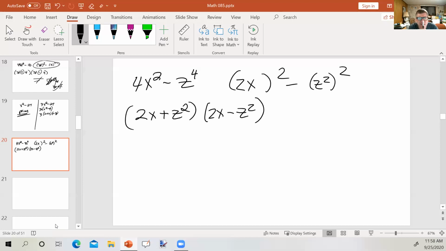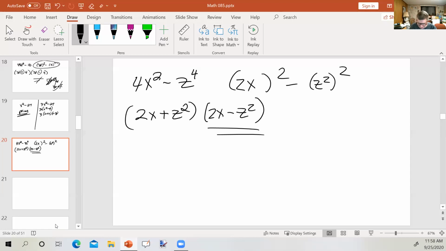Now, are we done yet though? Let's take a look at this factor. Isn't that a binomial? Is there a subtraction sign in the middle? Yes. Is z squared a square? Yes. How about 2x? Is 2x a square? You've gotten suspicious of me. You think I'm trying to trick you.